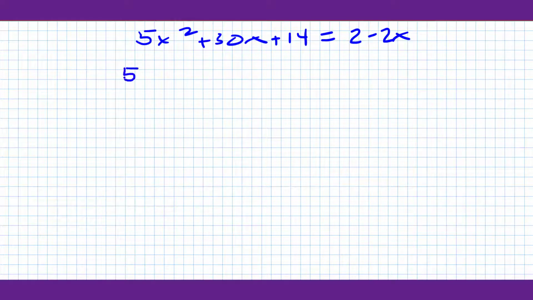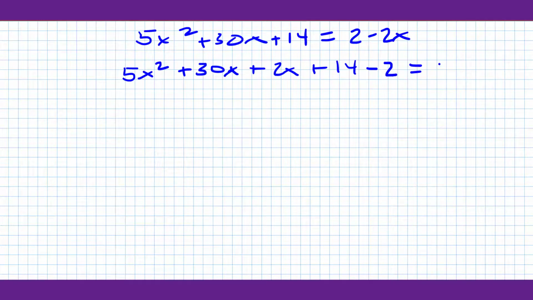So we've got 5x squared plus 30x plus 2x, because we're bringing it over, plus 14 minus 2 equals 0. All right, let's combine here. So we've got 5x squared plus 32x plus 12, and we've got that equal to 0.